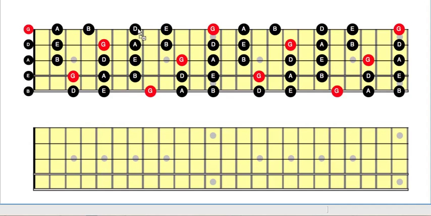Now we're going to start on the D from this first octave of G to G, and land on the second octave, which is D there. So let's start on the D. This is the horizontal way of looking at it.